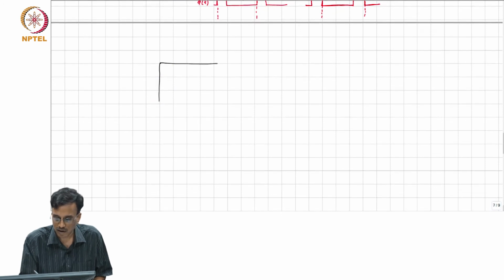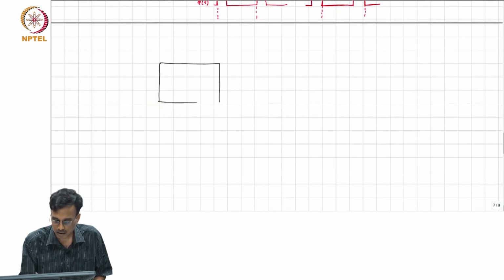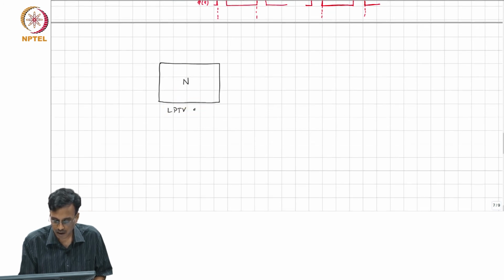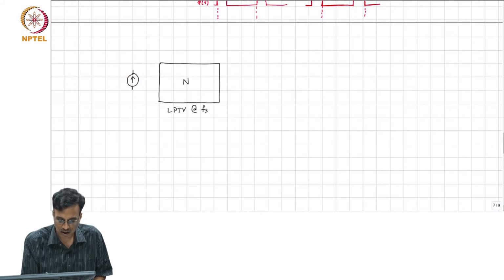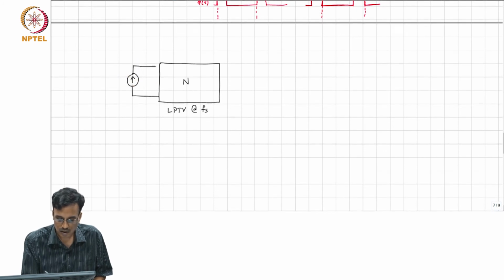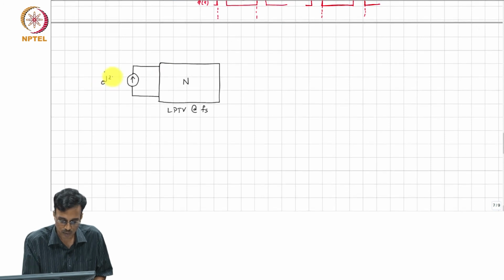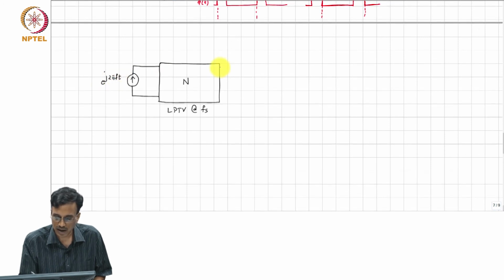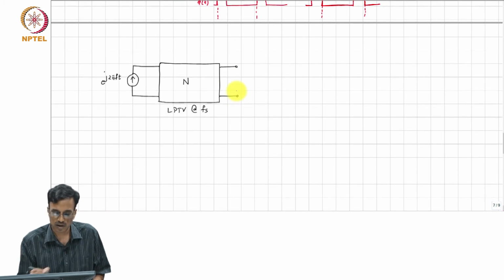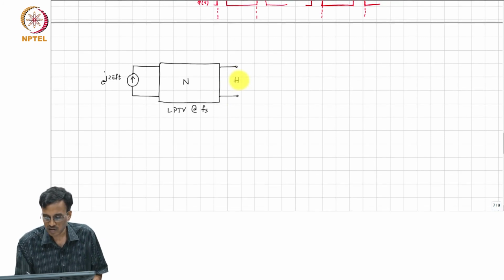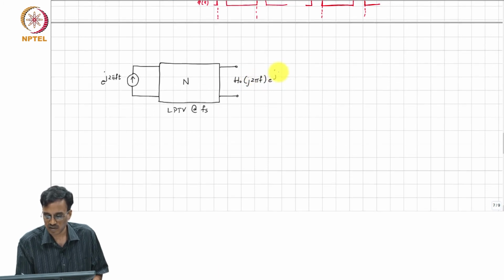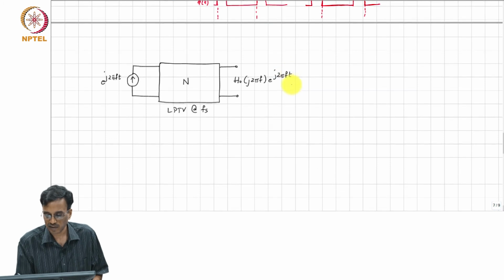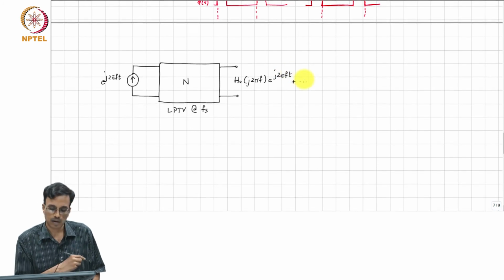we have an original network N that is LPTV at F s. We excite it with a current e to the j 2 pi f t. We get a voltage at the other port, which is h 0 of j 2 pi f times e to the j 2 pi f t, plus a whole lot of other terms, right.